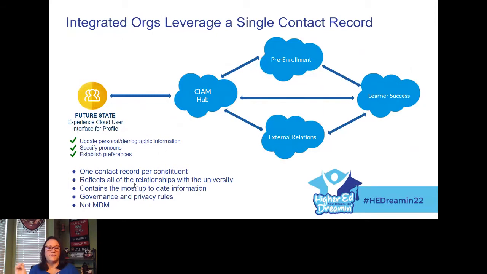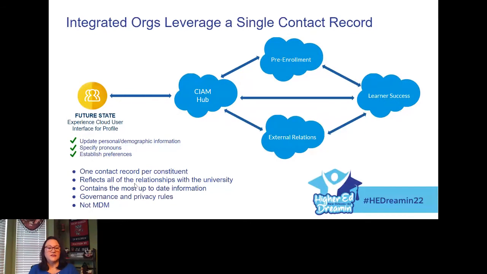And this is a simplistic diagram of this, obviously. But we're very fortunate that some of the other initiatives within the Division of IT chose Salesforce as their constituent identity and access management solution. So our future state would be to have Experience Cloud as that user interface for profile.